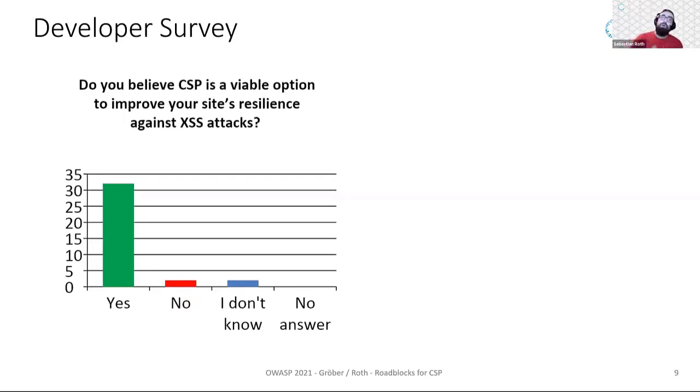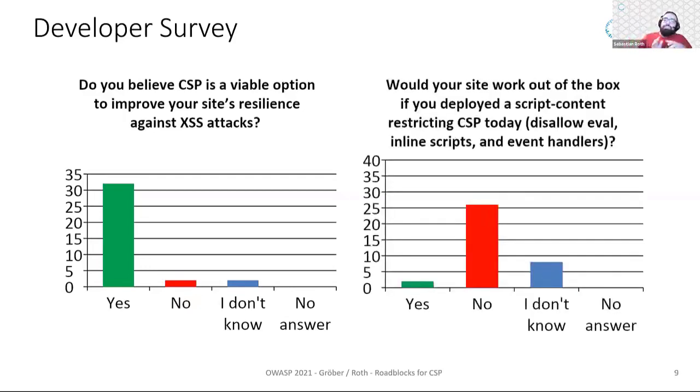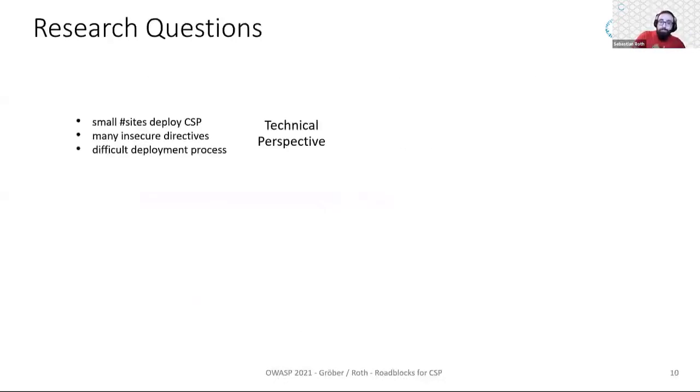However, most of them also confessed that their website would currently not work with a strict CSP, which actually motivated us to do our most recent work, because until now, previous research only tried to make an educated guess on why developers face certain problems with CSP.